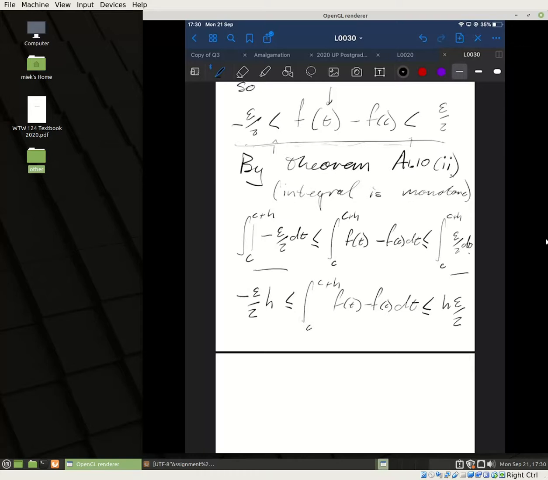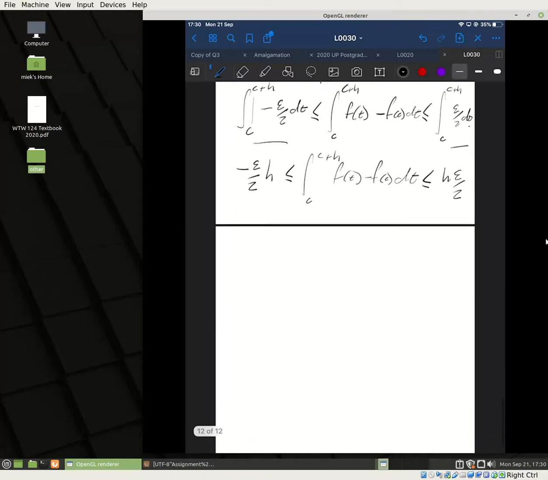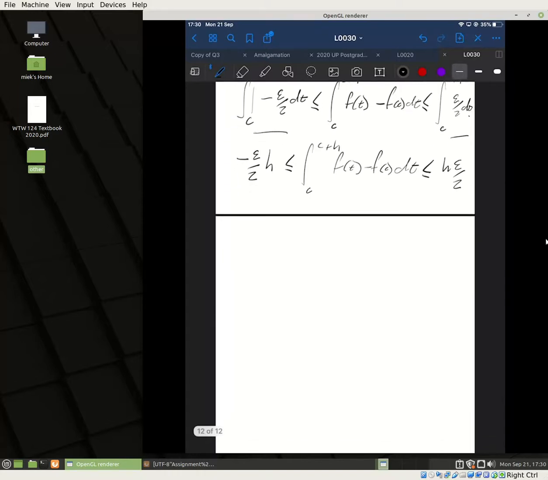Okay, and now we're almost there. Let us divide everything by h. Remember, h is positive. We assumed h to be positive, so dividing everywhere the direction of our inequalities doesn't flip, and h is strictly positive, so we're not dividing by 0. So minus epsilon over 2 is less than or equal to 1 over h times the integral from c to c plus h of f of t minus f of c dt, less than or equal to epsilon over 2.